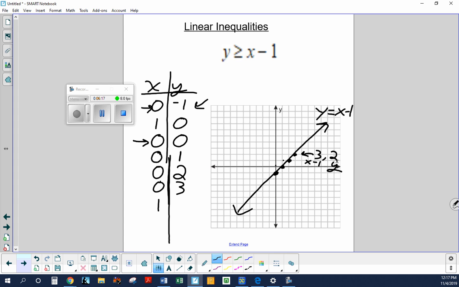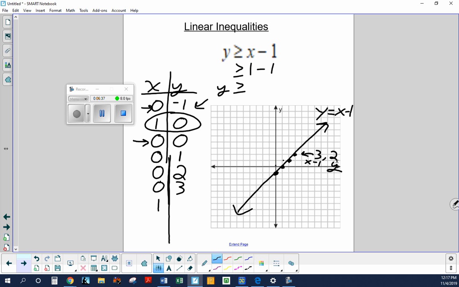If x were 1, let's take that example. We already said right here that if x is 1, in order for them to be equal, y would have to be 0, and that is one solution. But again, it doesn't have to be exactly equal.